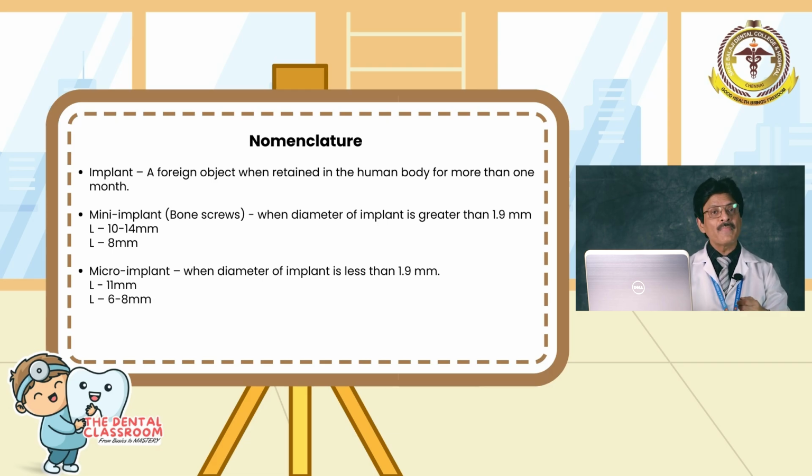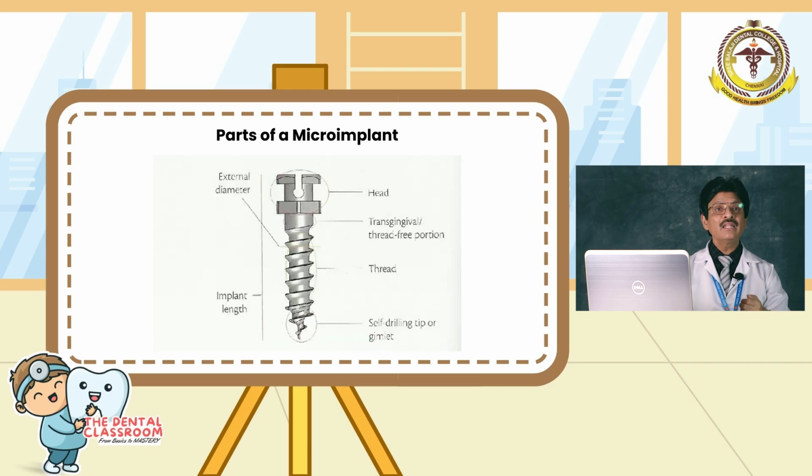When do we call it a micro implant? When the diameter of the implant is less than 1.9 millimeters. And here too, the length could be 11 millimeters or 6 to 8 millimeters. So what are the parts of a micro implant?